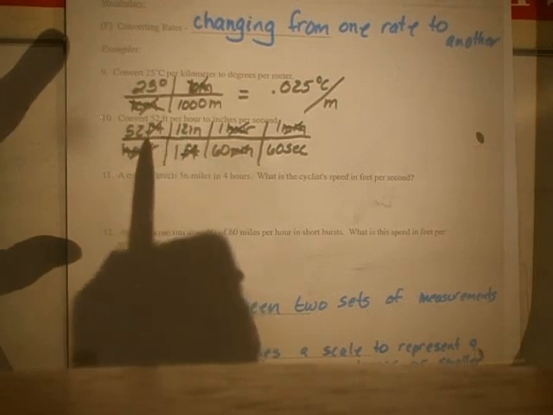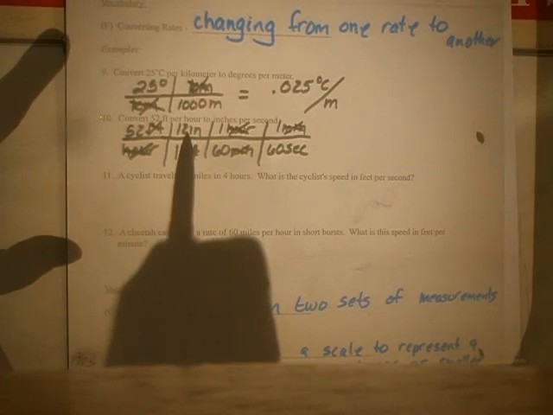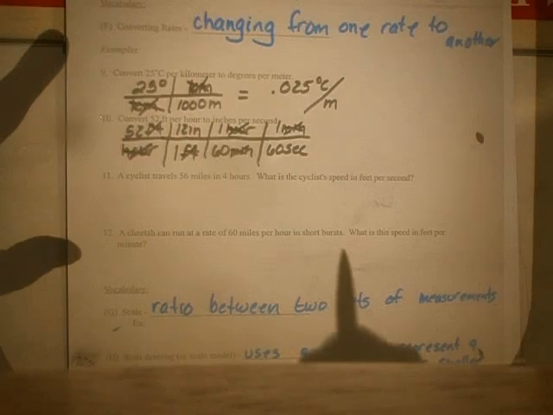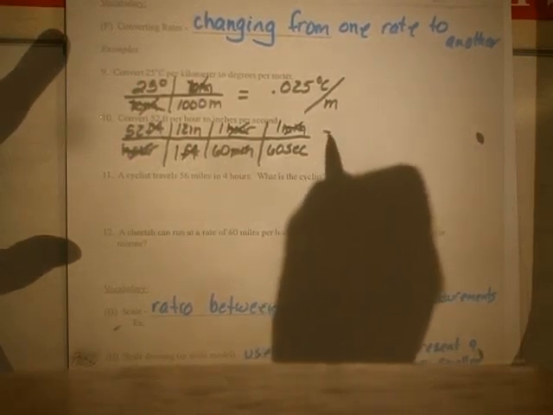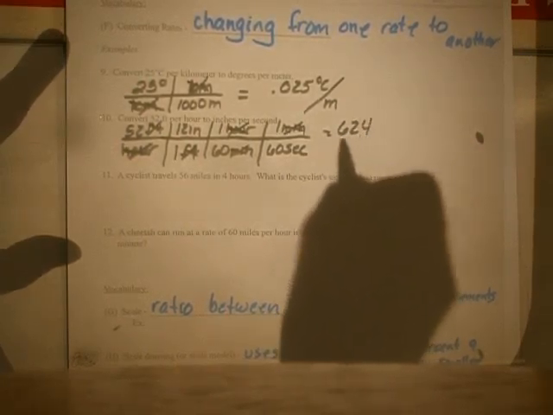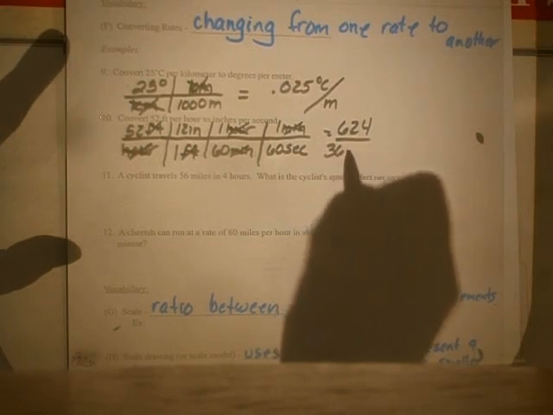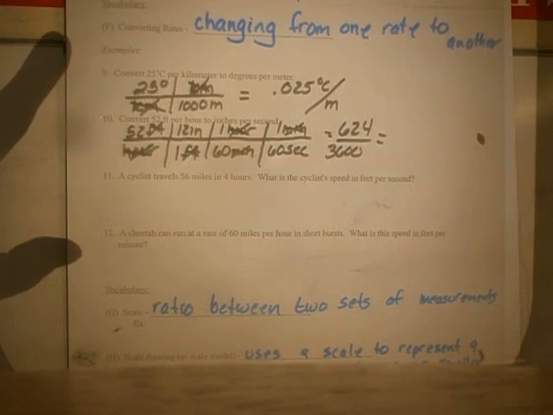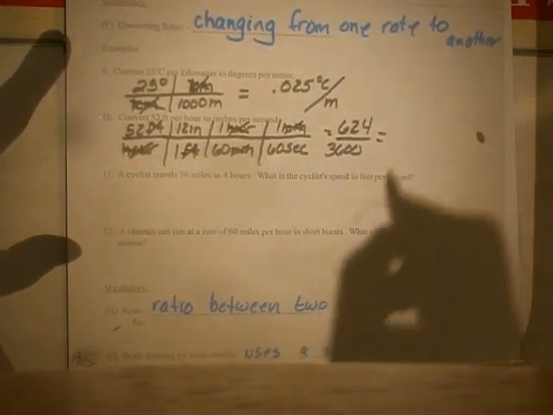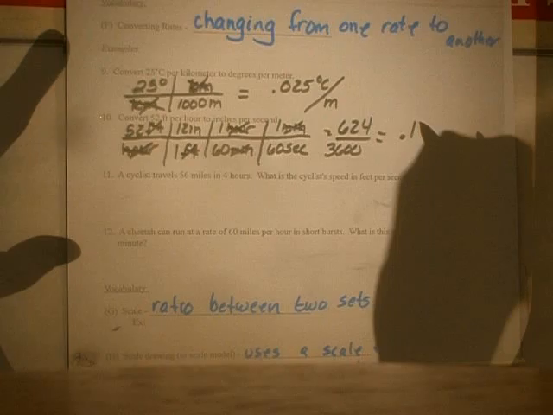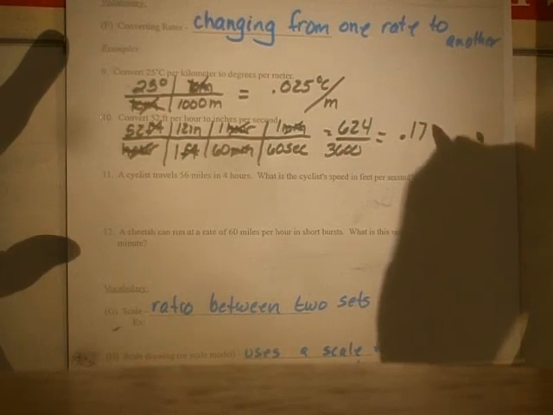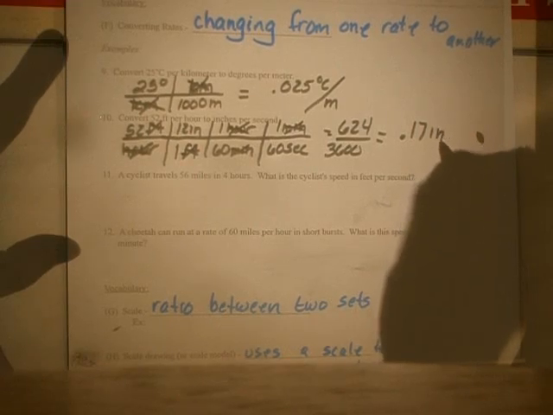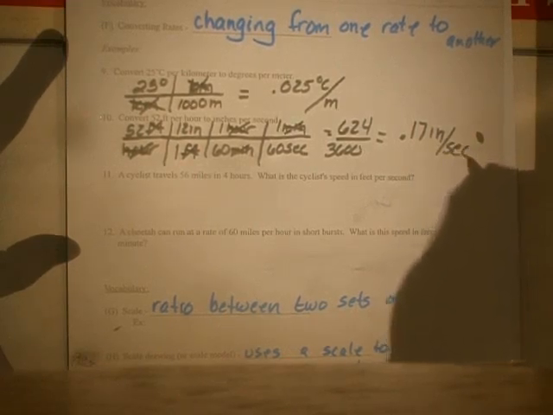Everybody do this on your calculator. 52 times 12. And what do you end up with? 624. And then 60 times 60 is 3,600. If you divide that, what do you end up with? 0.173 repeated. Okay, so let's say right about 0.17 inches per second.